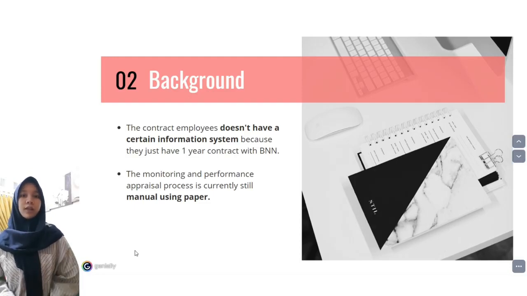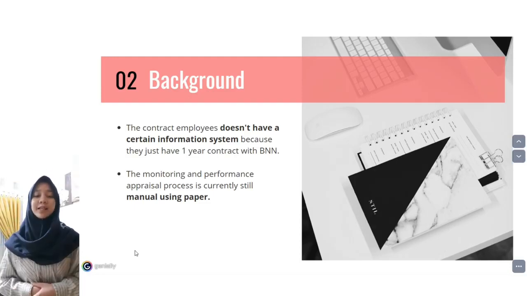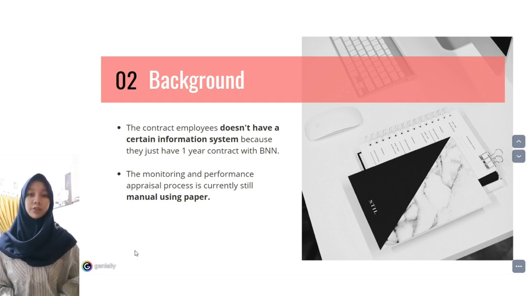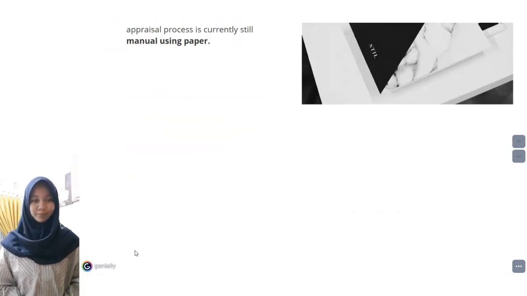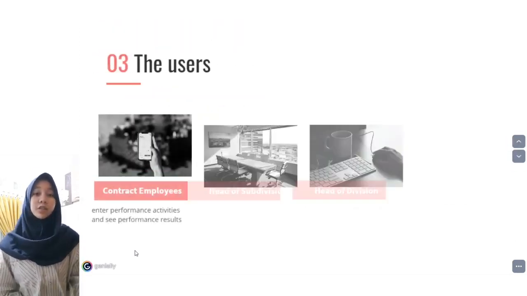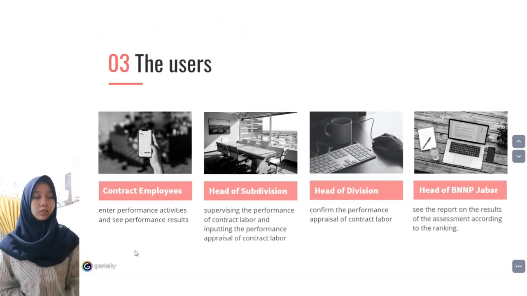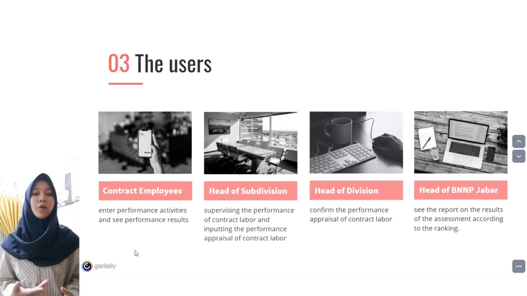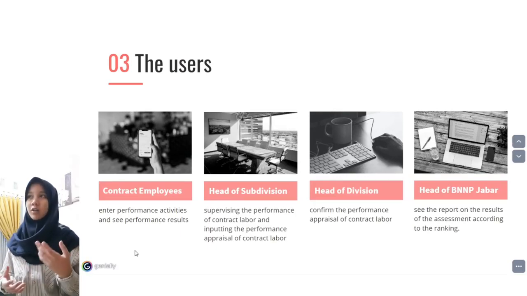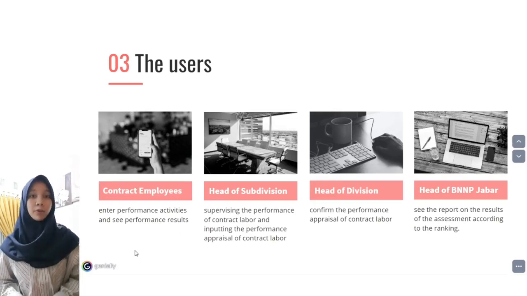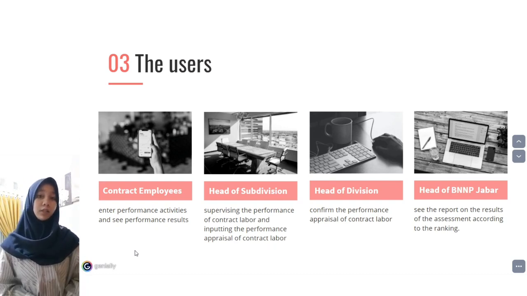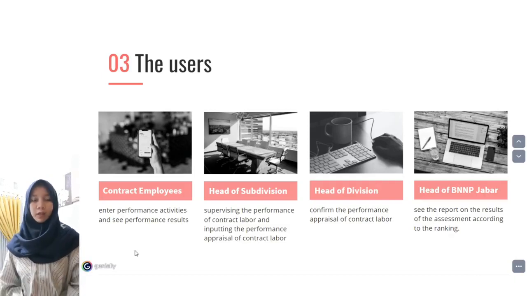In the next section, we have the users and the roles. User number 1 is the contract employees. Their roles are entering performance activities and seeing the results of the performance activities.